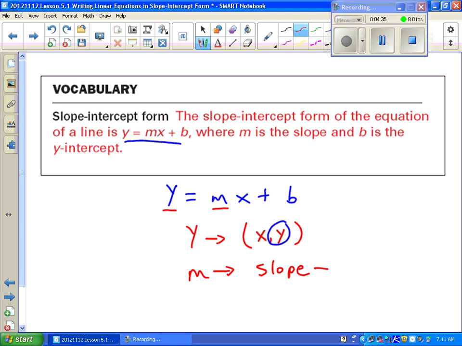Remember, slope is the same thing as rise over run, which is the same thing as the change of y, because it's up and down, over the change of x, because that's side to side, which is the same thing as a visual, up and down over right and left. The third variable is x.